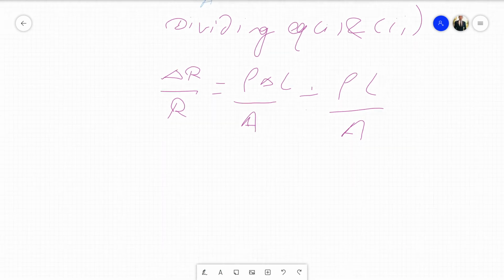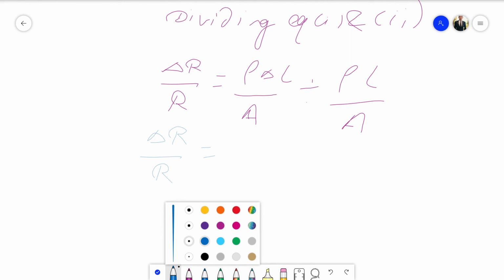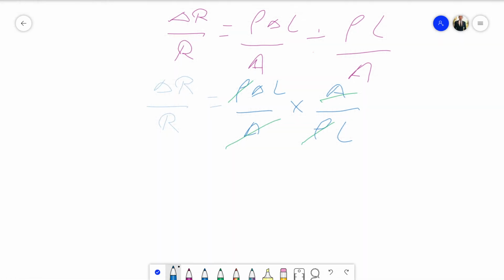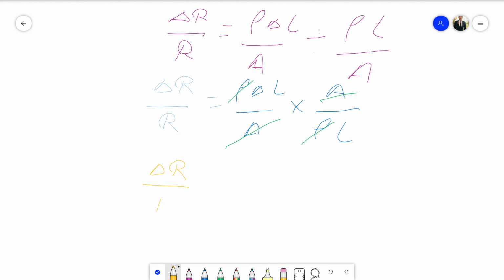From this you get delta R over R equals rho times delta L over A times A by rho by L. So this gets cancelled, and the final outcome is delta R over R equals delta L over L. This is the fractional change in resistance.